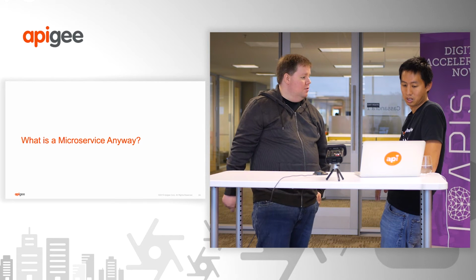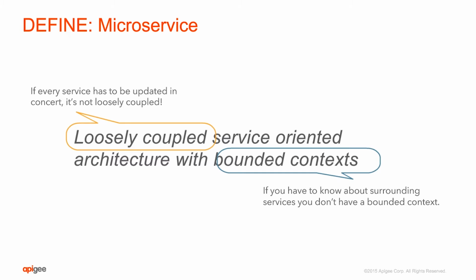This is Adrian Cockcroft's definition again, and I really like it because it talks about service-oriented architecture. It doesn't say, oh, that's an evil thing that we don't talk about anymore. But he kind of qualifies it with these bookends of loose coupling, which is all about the life cycle. Can I deploy services in an autonomous way? And one of the ways I get to that is through this idea of bounded context that I have a couple of interesting slides about here.